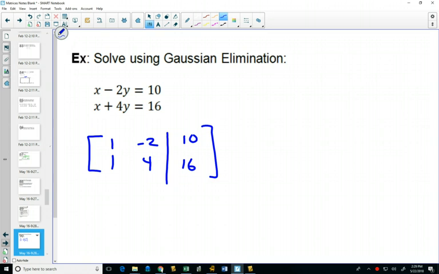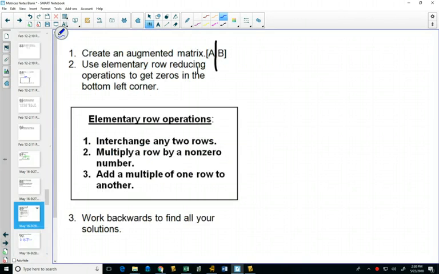So the way that I'm going to show my work is I'm going to say, I'm going to change row 2 to equal, and what I can do to row 2 is any one of these elementary row operations. And what I'm going to do is use number 3. I'm going to add a multiple of one row to another.